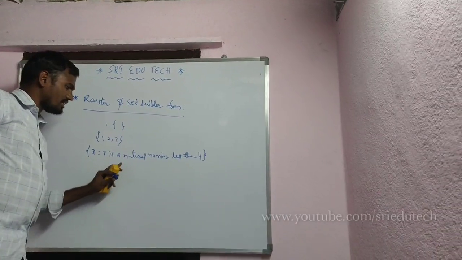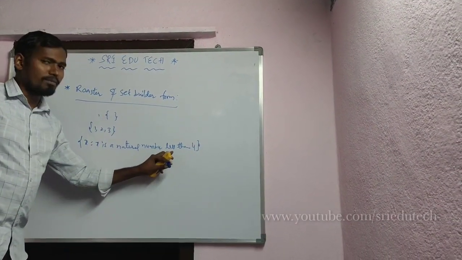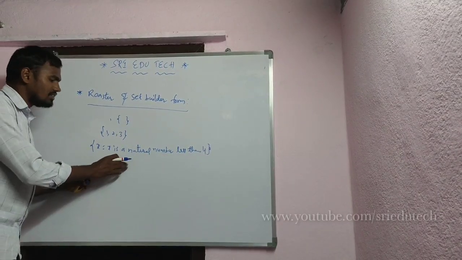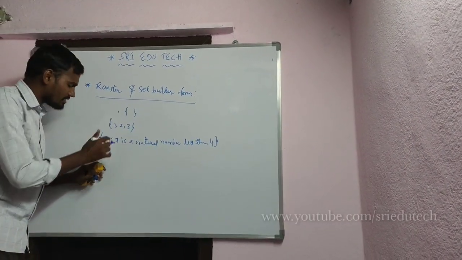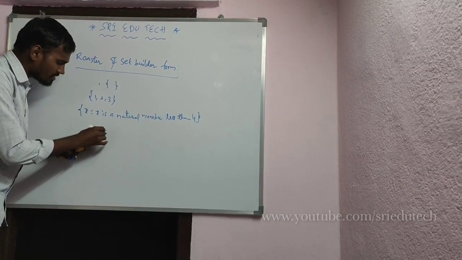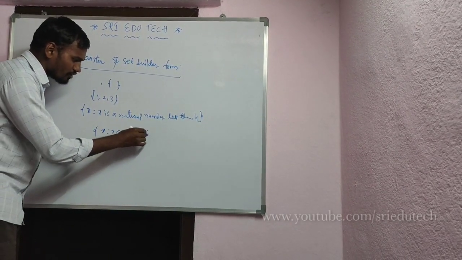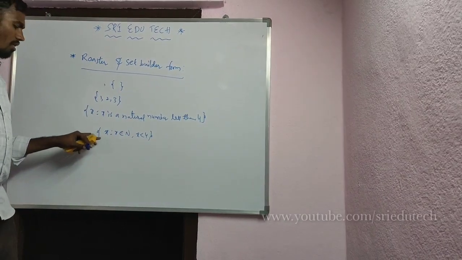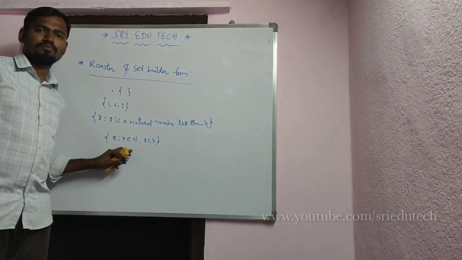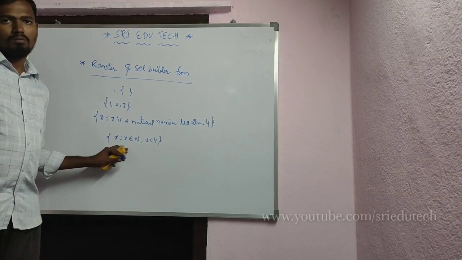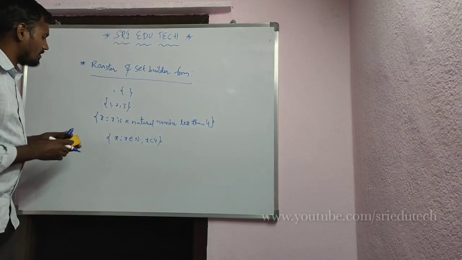Okay, x such that x is a natural number less than 4, right? It is the set builder form. Next, or x such that x belongs to N, x less than 4. So write it like this also. Okay, so this is the set builder form.